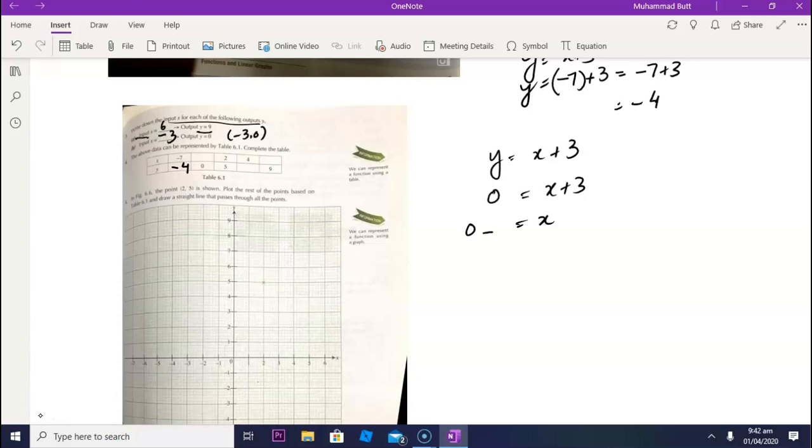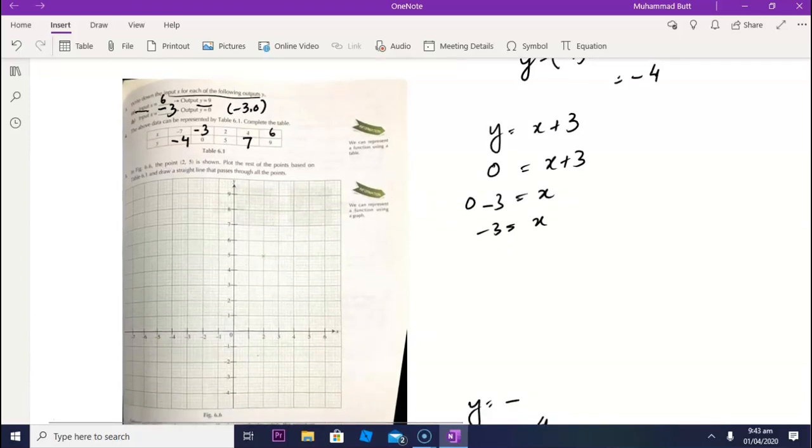We'll shift 3 to the other side, x is minus 3. So when the value of y is 0, x is minus 3. The value of x and y in the next parts are given to you. When x is 4, the value of y is x plus 3, 4 plus 3, 7, and when the value of y is 9, the value of x is 6.